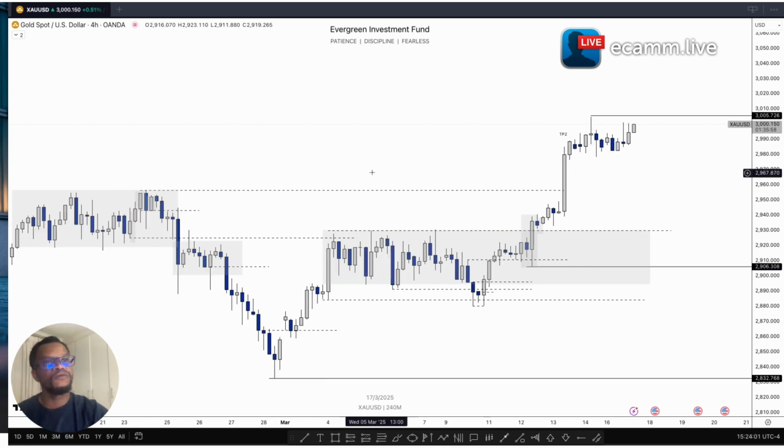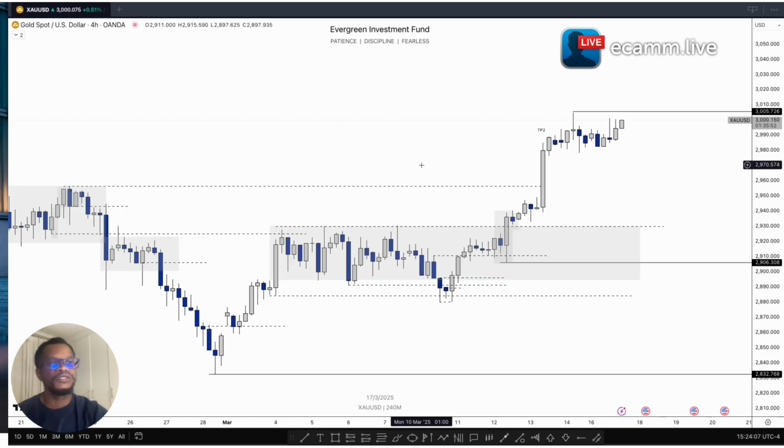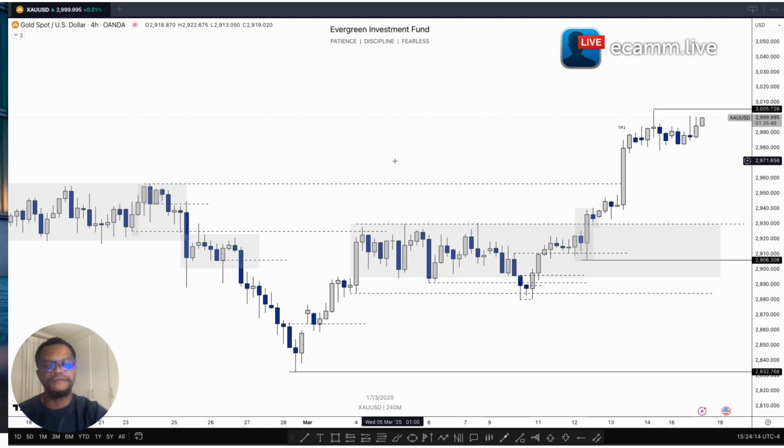So how do you recognize what is what? Within the supply zone or demand zone, there are things called order blocks. I've called them footprints of the big banks and the hedge funds, when they show you that they're about to enter the market.